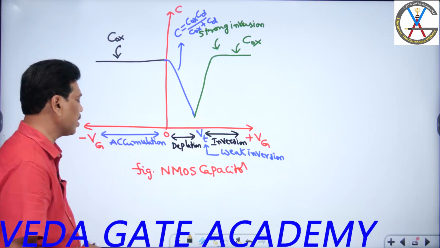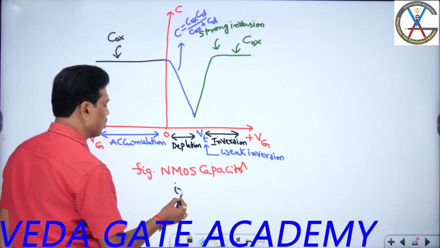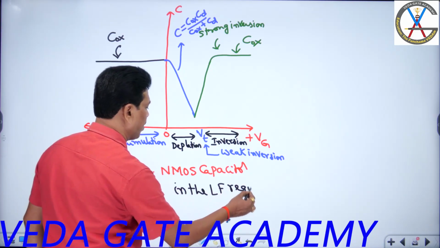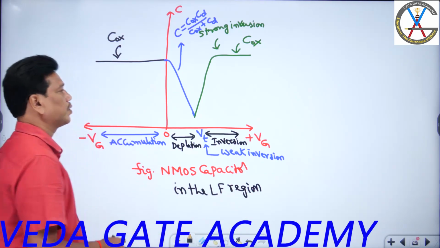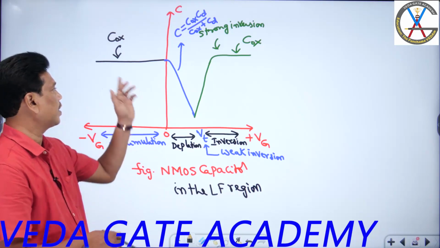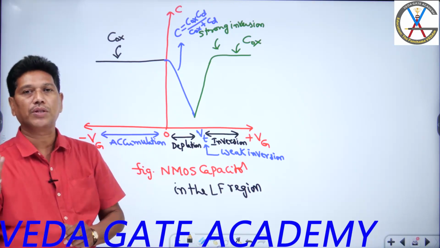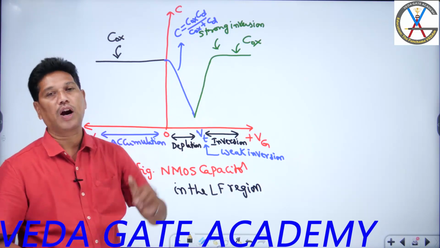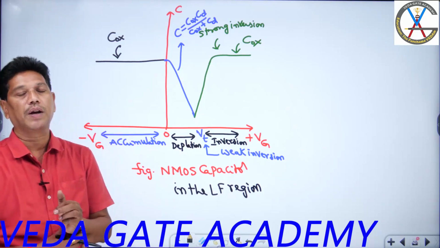And all this is concerned with the low frequency region, students, the LF region. LF means low frequency, sir. If the same MOS capacitor operates in the high frequency region, the graph structure is the same. A small change you may find is that the inversion mode does not appear. Why, sir?